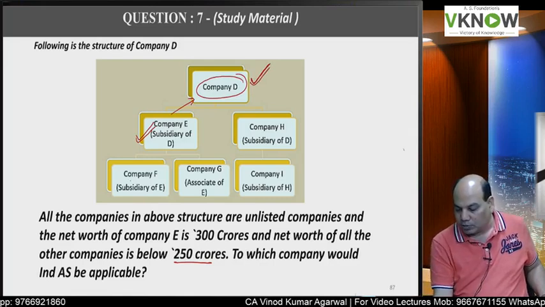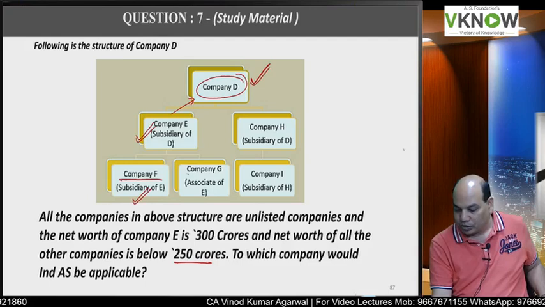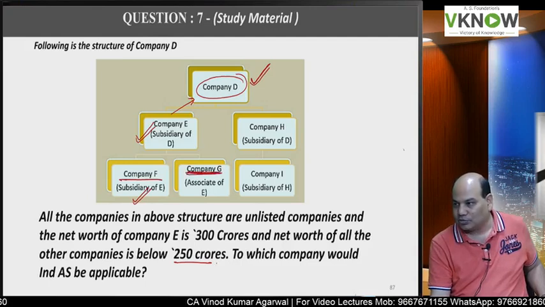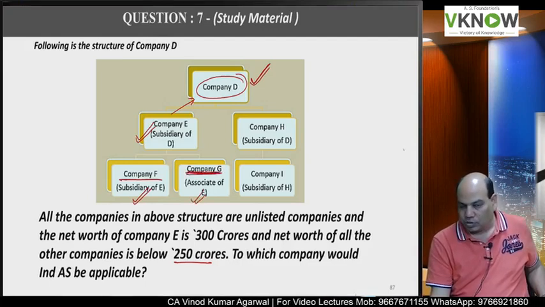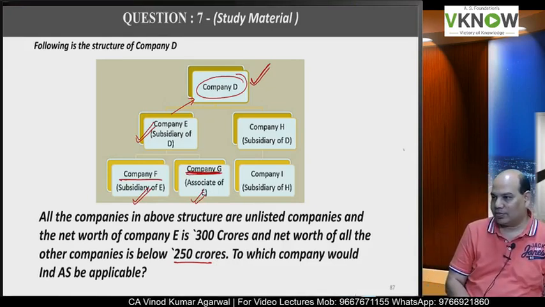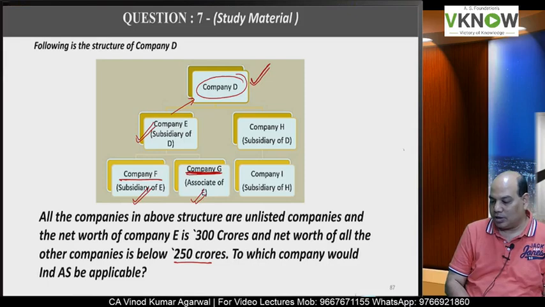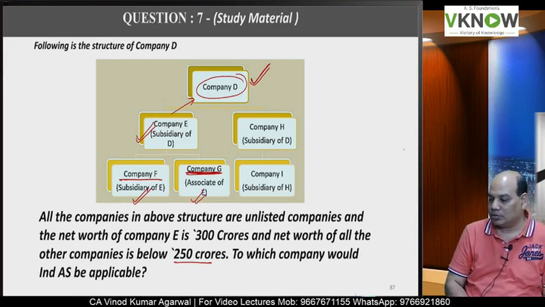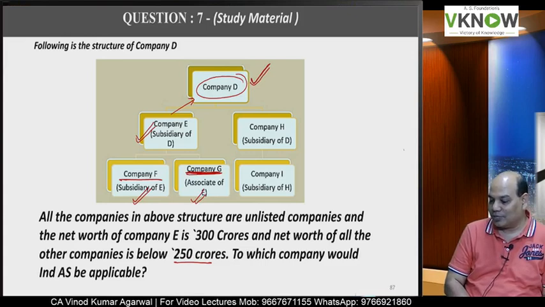Will it be applicable to F also? Yes, because it's a subsidiary. Will it be applicable to G also? The answer is yes. So mandatorily 4 companies will follow Ind AS: E, D, F, G. But the million-dollar question is whether H and I will also follow Ind AS.